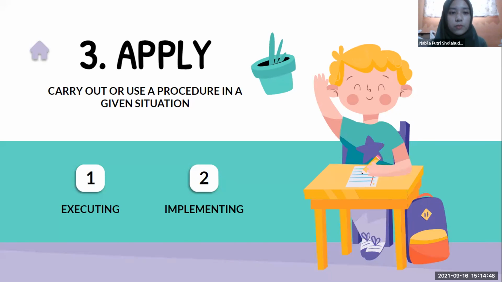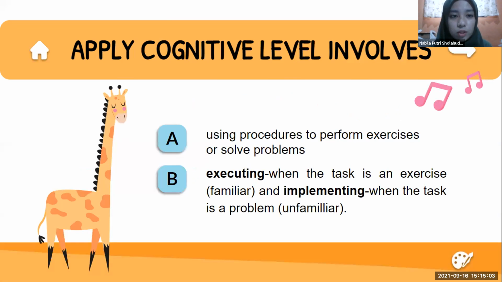So for C3, the apply cognitive level, this is to carry out or use a procedure in a given situation. The apply level involves using procedures to perform exercises or solve problems.